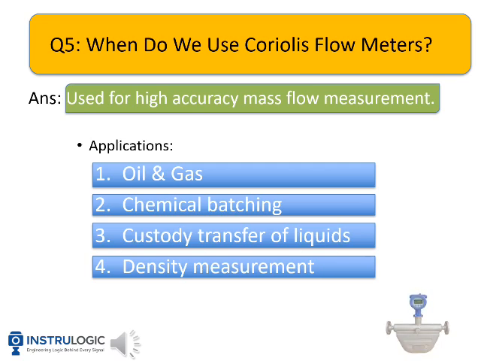Custody transfer of liquids, where financial transactions depend on accurate measurement. Density measurement. Coriolis meters can also measure fluid density along with flow. They are highly accurate and reliable, making them the preferred choice for critical applications.